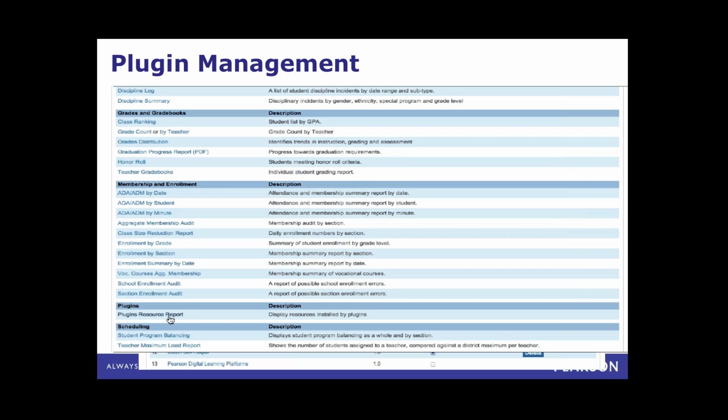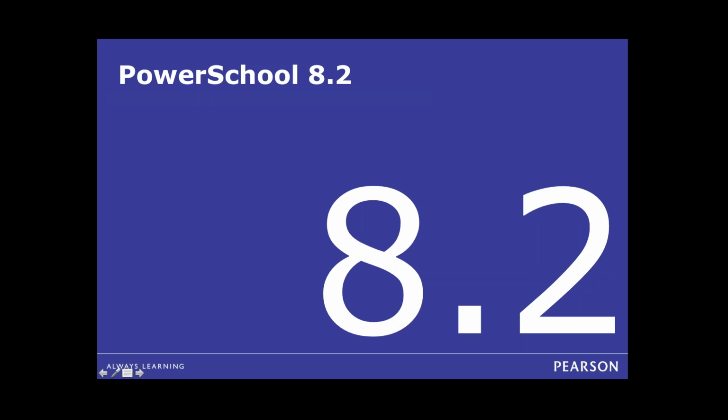The plugin management piece, there is a plugin resources report right here. So you can come in here and get that report too that we were just looking and talking about. And that's 8.2. As I mentioned before, that's almost half an hour, and that's just in 8.2.